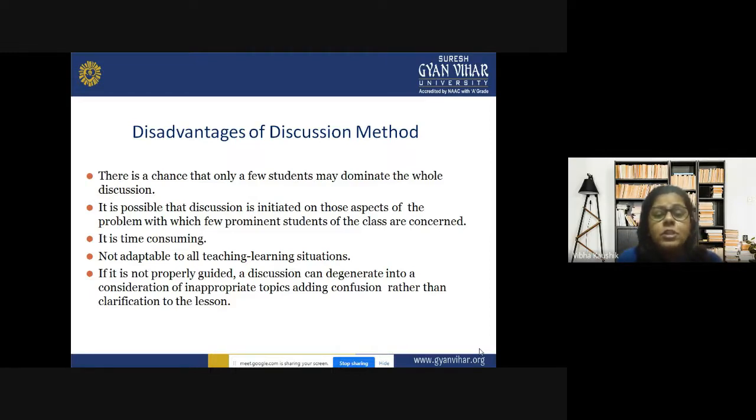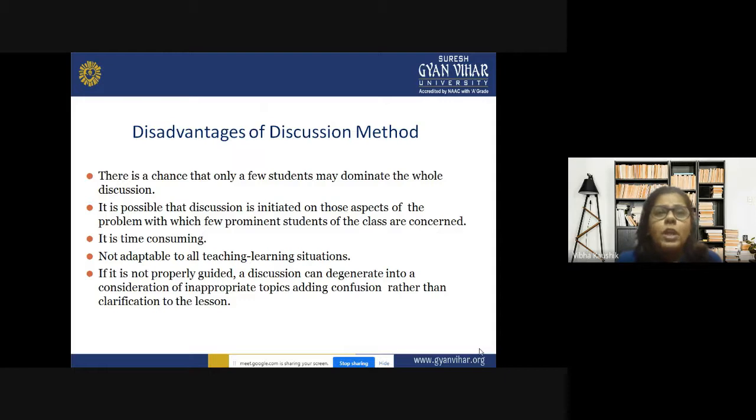The discussion can degenerate into a consideration of inappropriate topics, irrelevant topics that are not related with the topic which we are going to discuss, adding confusion and adding of inappropriate, irrelevant ideas into the discussion. It will add confusion rather than clarification to the lesson.